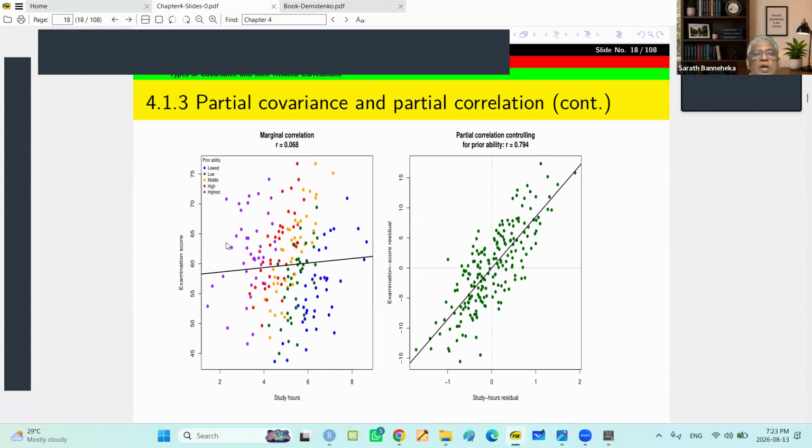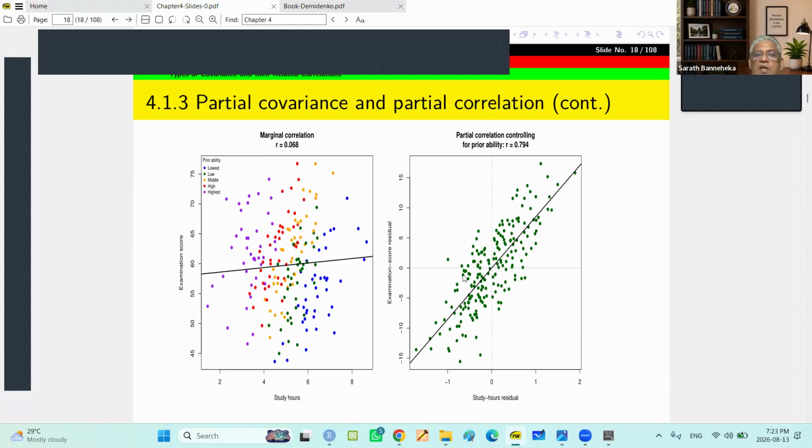So when you regress each of these variables on the prior ability level, you will get residuals. And this is the scatter plot of residuals after removing the prior ability effect from the examination marks. This is the residual after removing the prior ability effect from the study hours. Right.